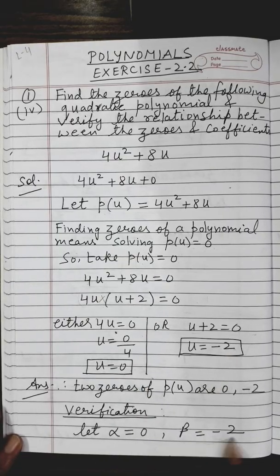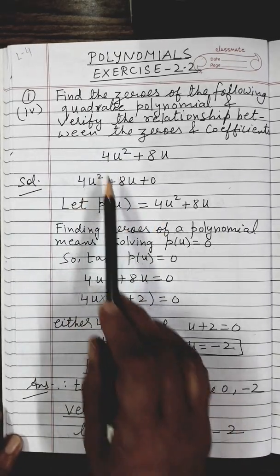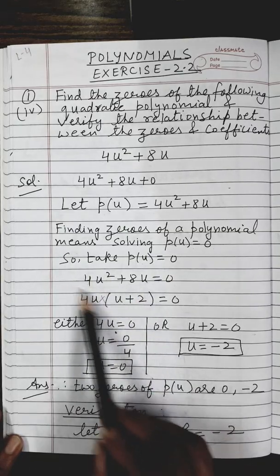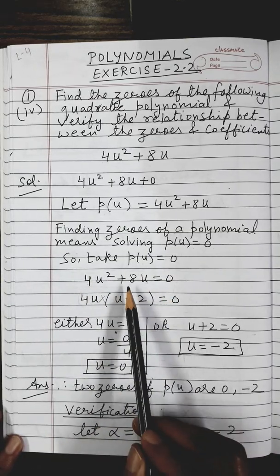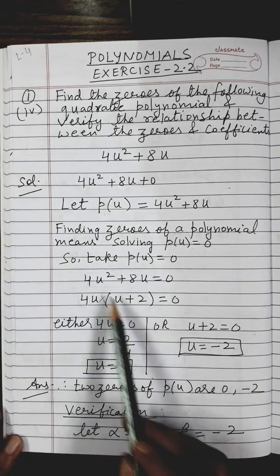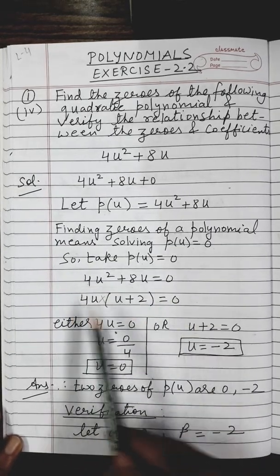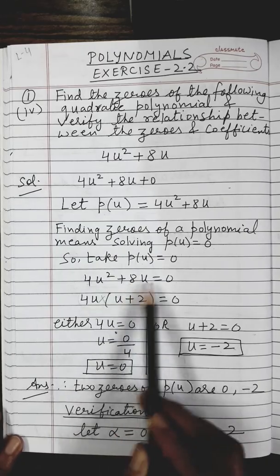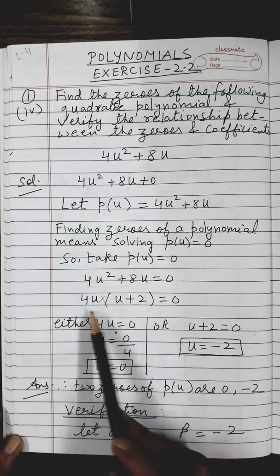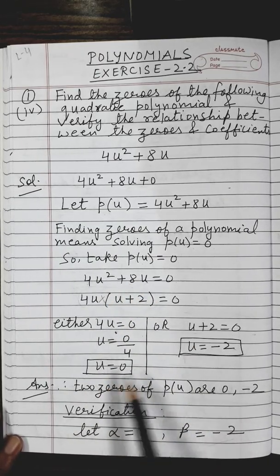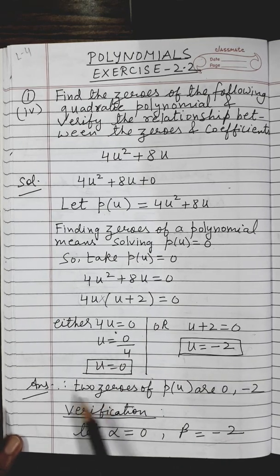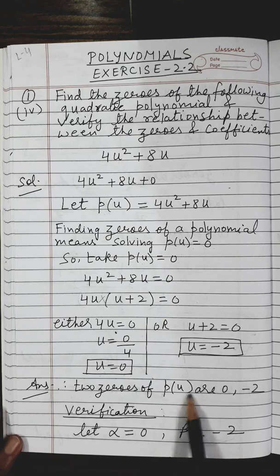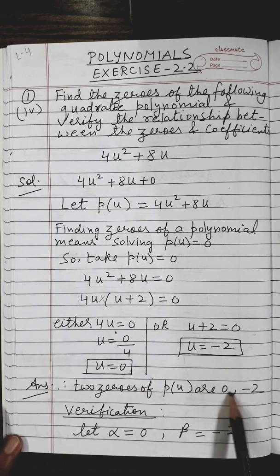Finding zeros means you have to take the polynomial and equate it to 0, that is, convert the polynomial into an equation whose right side is 0, and keep on solving this equation for the variable present in it. In this case it was u, so I have got the values of u as 0 and minus 2. Therefore the two zeros of the polynomial p(u) are 0 and minus 2.